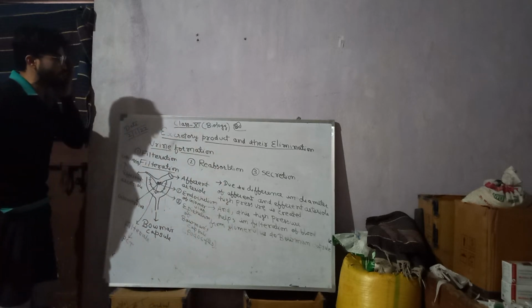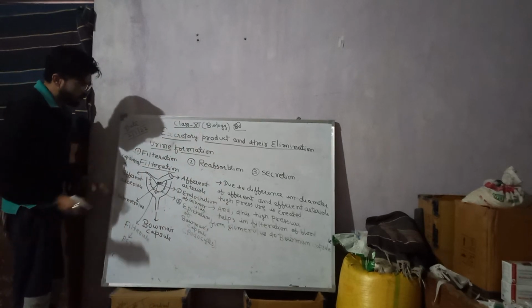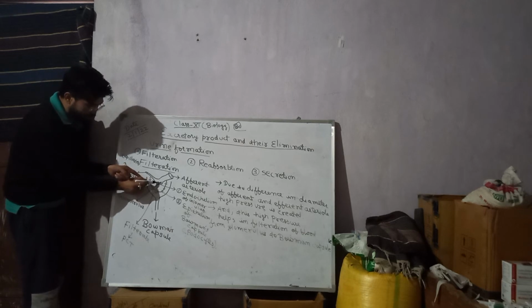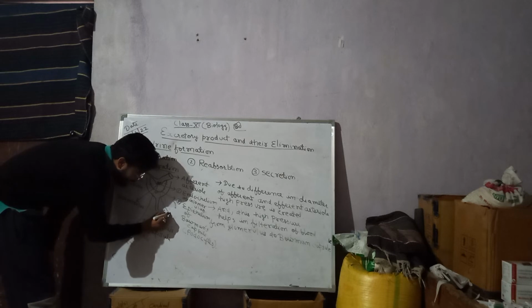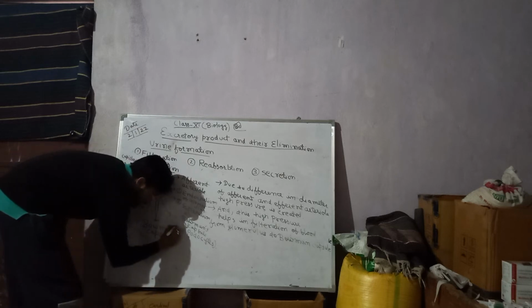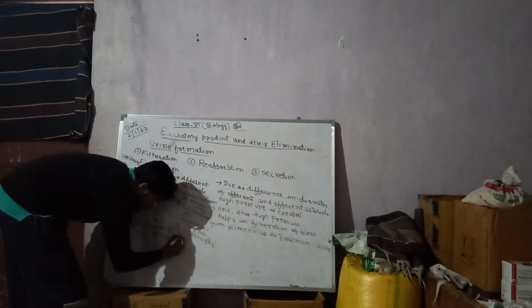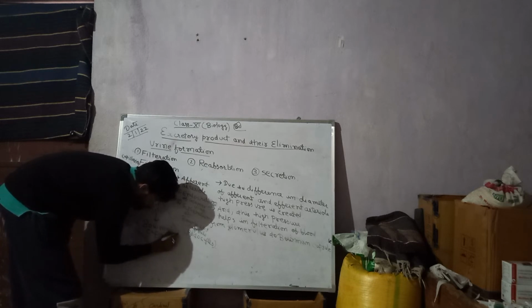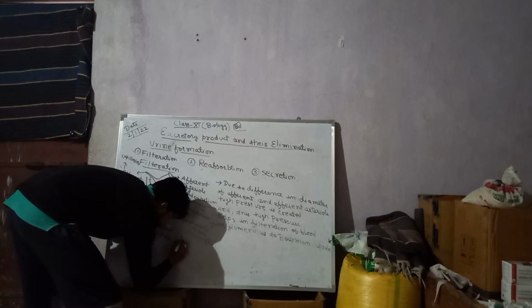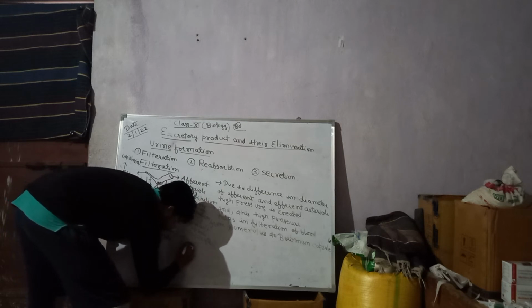This is also known as podocyte, my dear student. Now, between these two layers, between endothelium and epithelium, there is another layer. This is number third, and this layer, my dear student, is known as basement membrane.